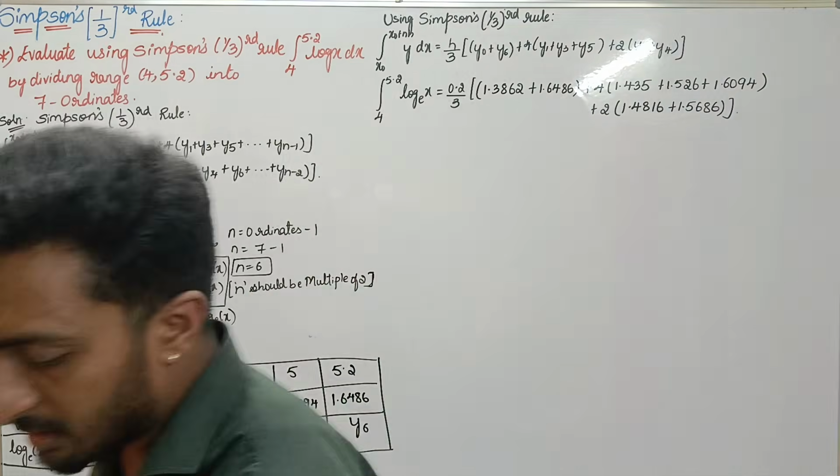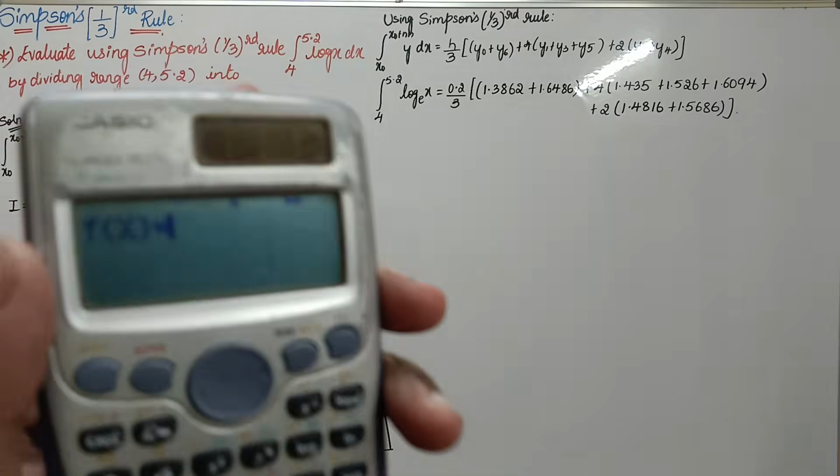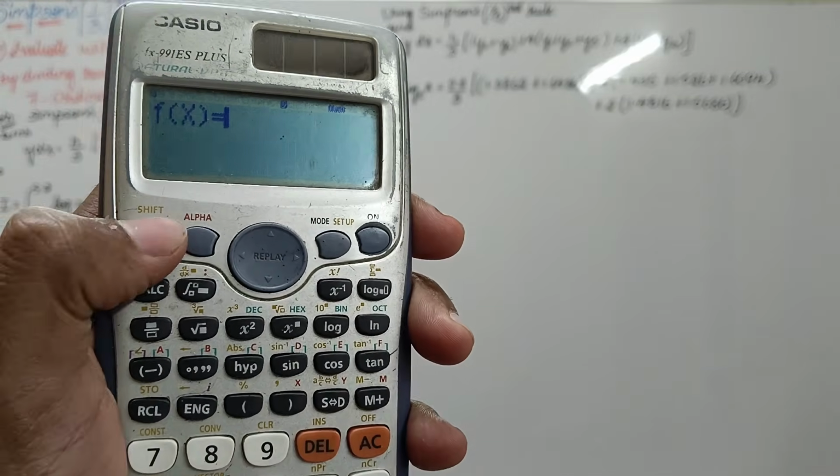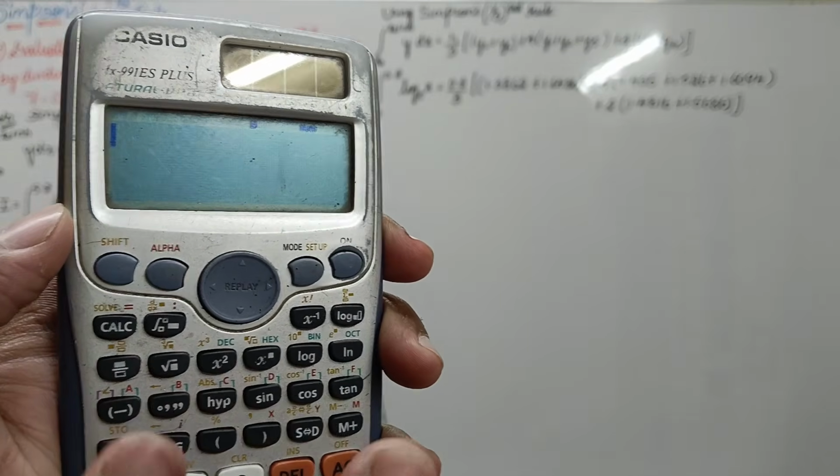Now, by using the calculator, let us find the solution. To clear the calculator, press shift 9, press 3, press equals, press AC. The system will be cleared.